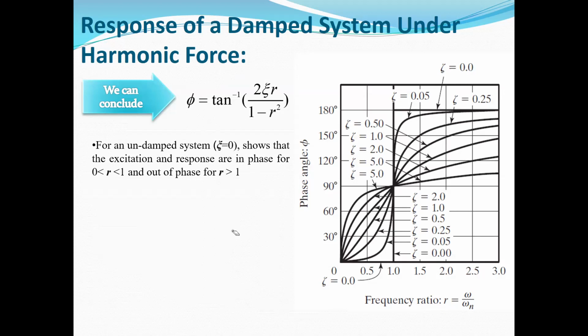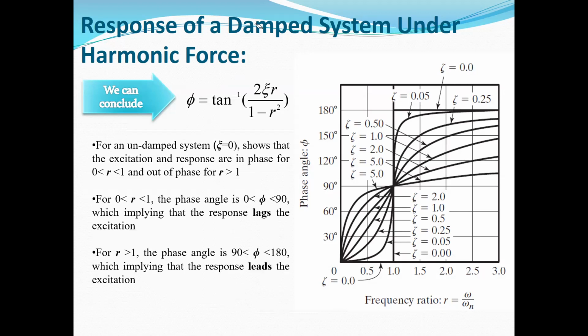And now we want to discuss the behavior of the structure versus the variation of frequency ratio and damping ratio. So the vertical axis, as you can see, is the phase angle phi. The horizontal axis is the frequency ratio, and we plotted these curves for different values of psi, which is the damping ratio.